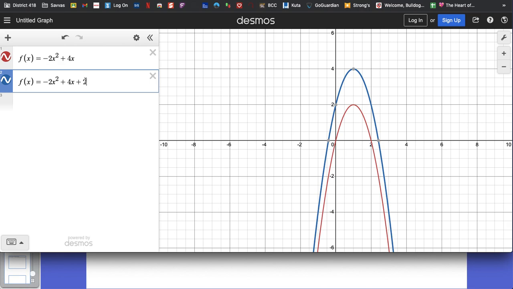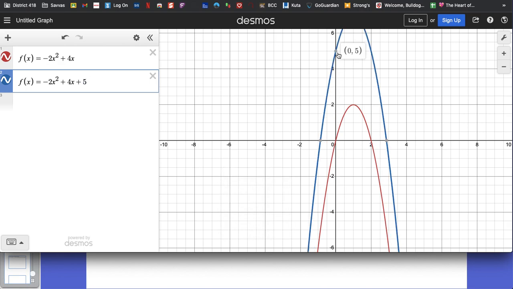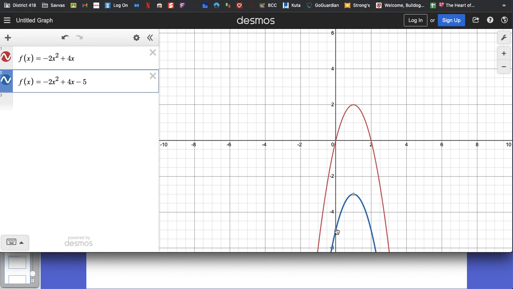If I change that to a +5, then my y-intercept becomes 0, 5. If I change it to a -5, then now my y-intercept is at -5. So the C value is the y-intercept. It gives us the vertical translation, the vertical movement of the graph. But more specifically and more importantly for what we're doing right now with graphing, it gives us the y-intercept.